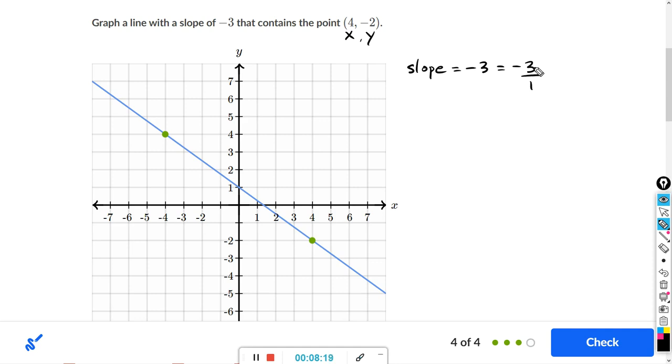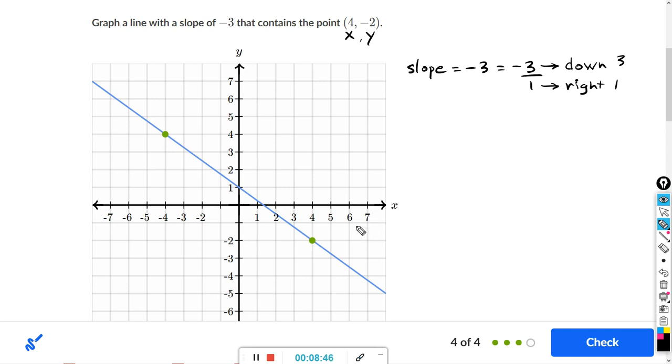All right, so the numerator is the rise, so -3 means we go down 3, and +1 means we go right 1. Okay, remember, this is the up-down part, and this is the left-right part.